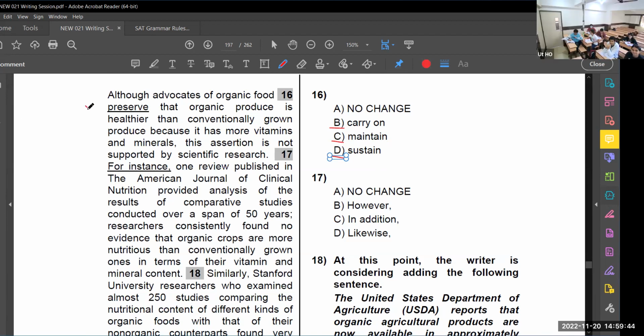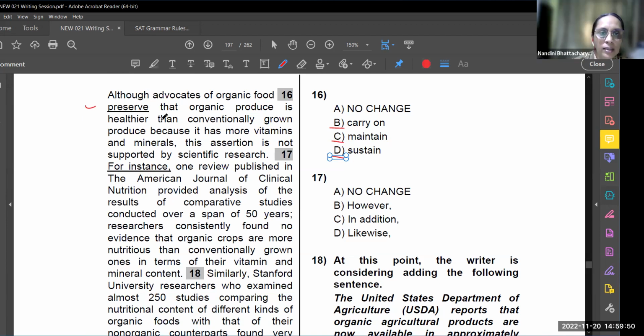Okay, let's look at the sentence. Although advocates of organic food dash that organic produce is healthier than conventionally grown produce because it has more vitamins and minerals, this assertion is not supported by scientific research. So in your own words, what can be a word that can be filled into the blank?